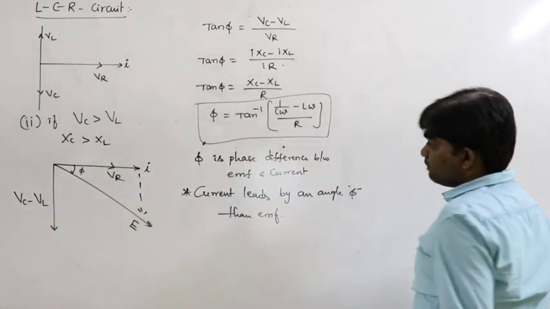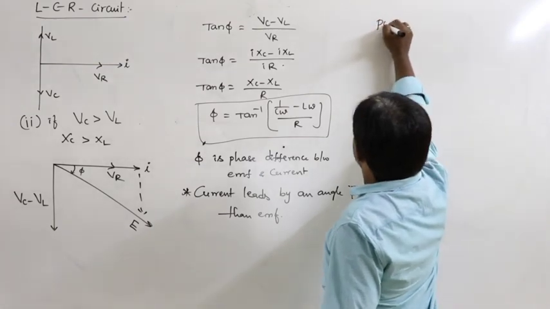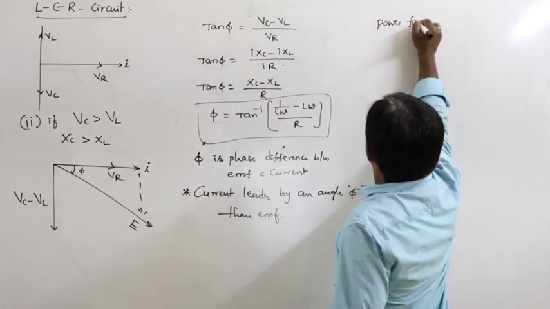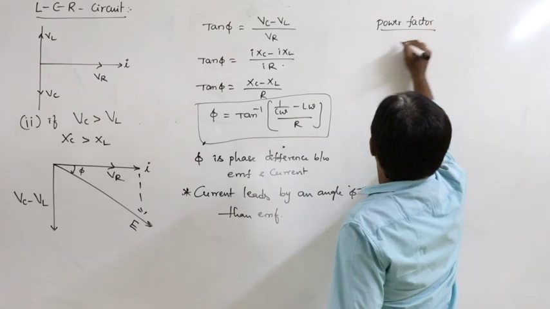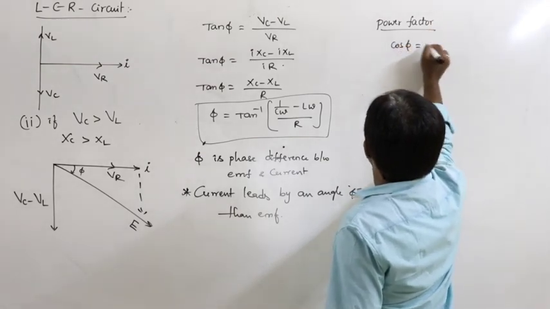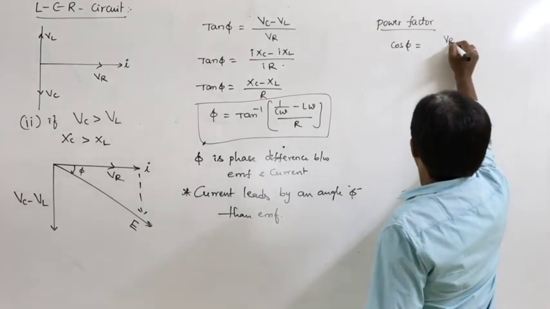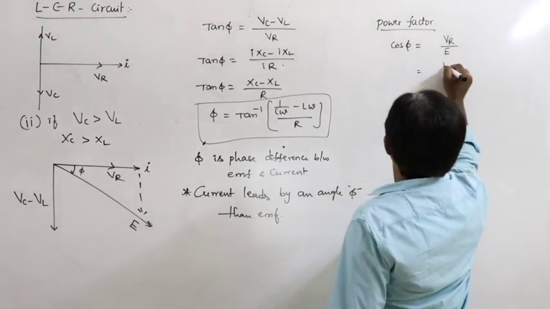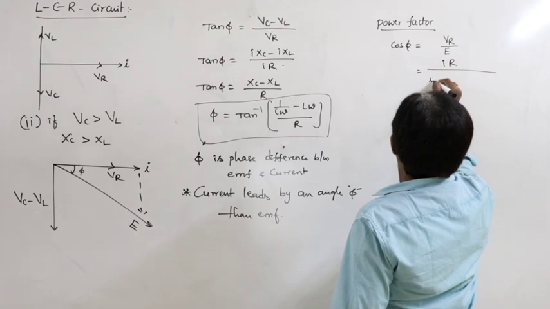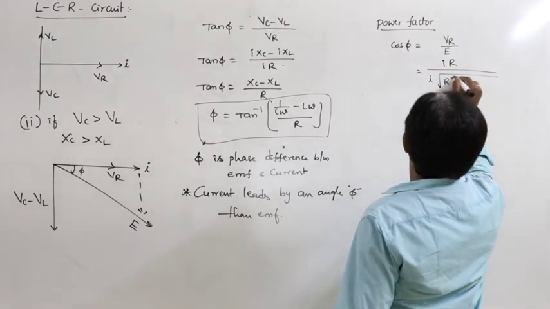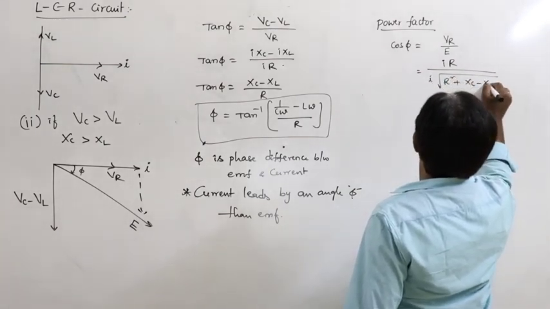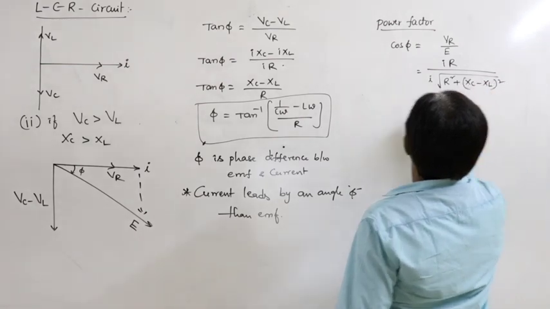Now, what is the power factor here? Power factor cos phi is equal to adjacent side by hypotenuse. So that is VR by E, that is I R divided by I into the square root of R squared plus (XC minus XL) whole squared.